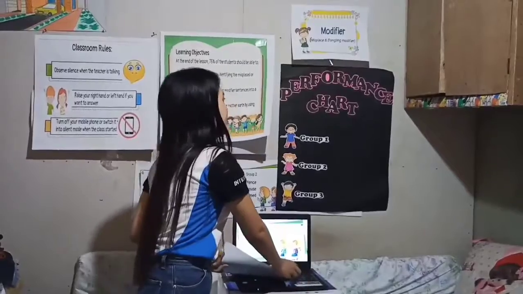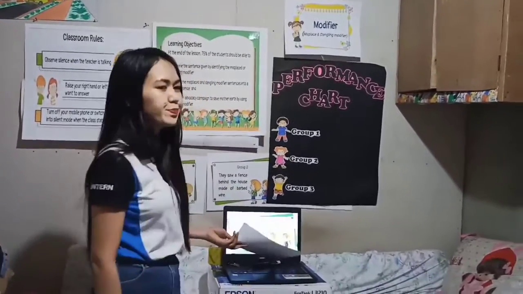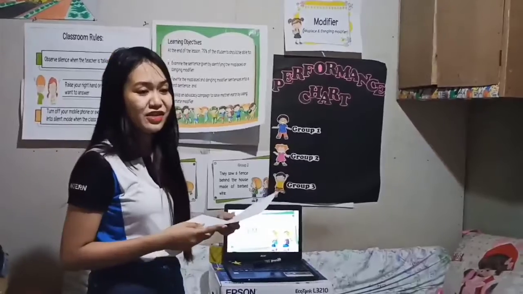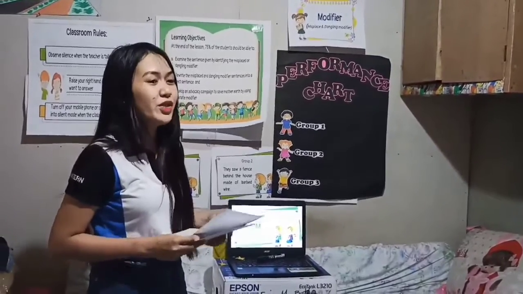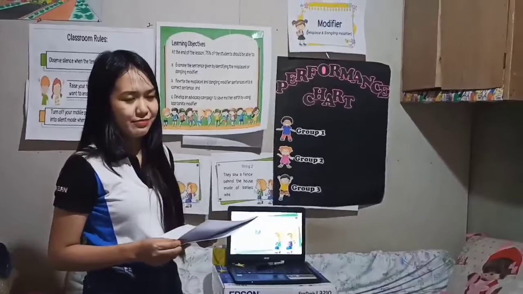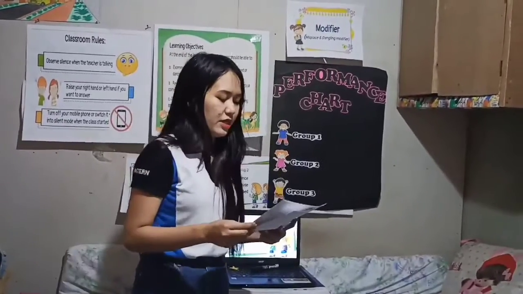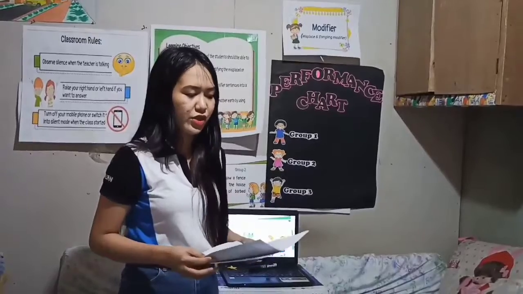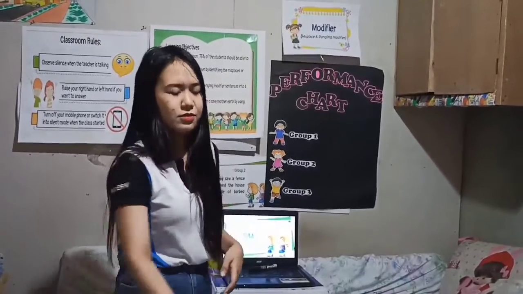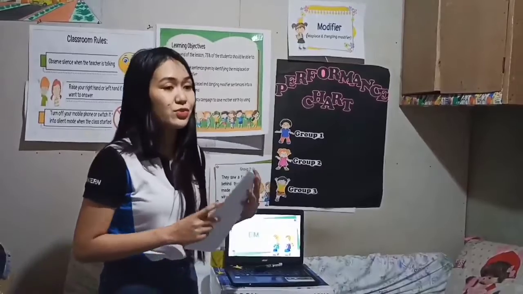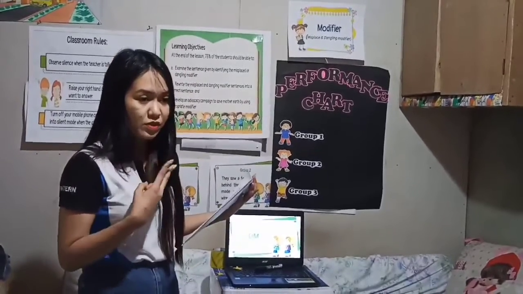Okay, now I know you are very ready for our next activity. This is actually an individual activity for me to know that you really understand our topic this morning. Is that clear, class? Okay, so this is the worksheet. Please pass this worksheet to your seatmates. This worksheet is composed of 2 parts.